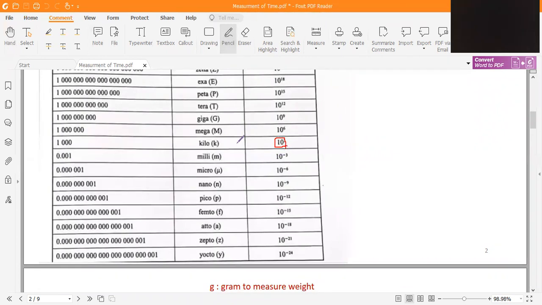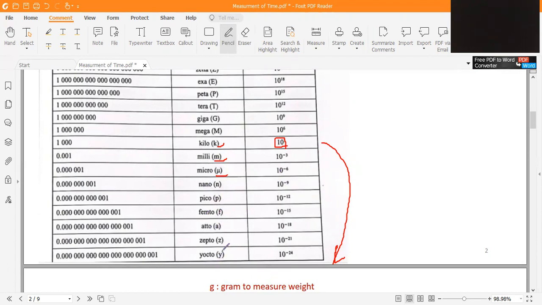Okay, so below kilo we have all the units which are smaller than kilo, like milli, micro, nano, and the prefixes commonly used: nano, pico, femto, atto, zepto, and yocto.